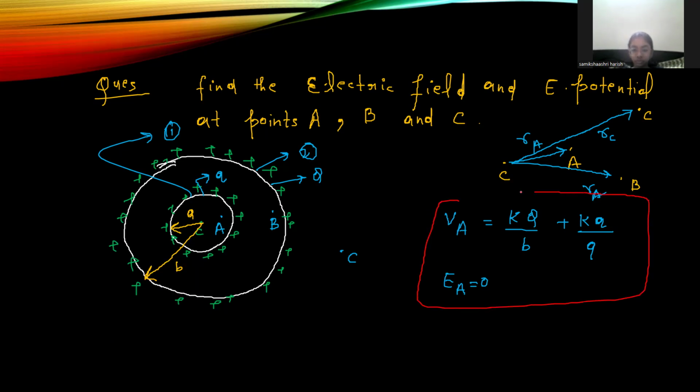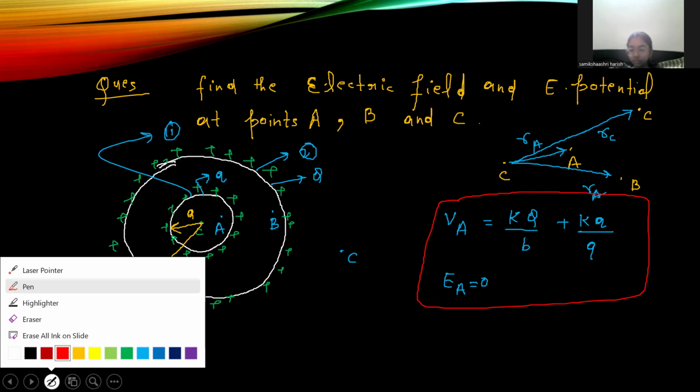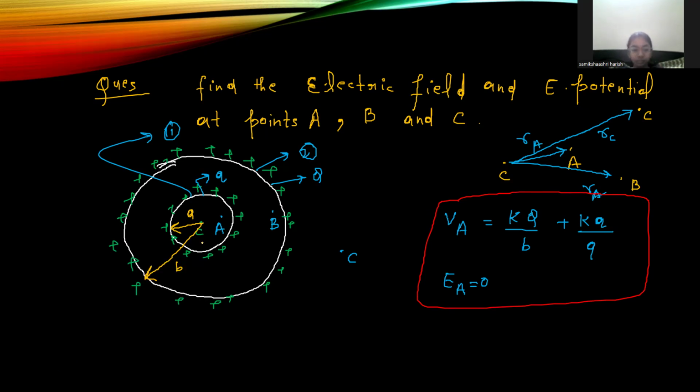Now see, potential at B. B is outside the inner sphere and inside the outer sphere. So at B, potential will be what?